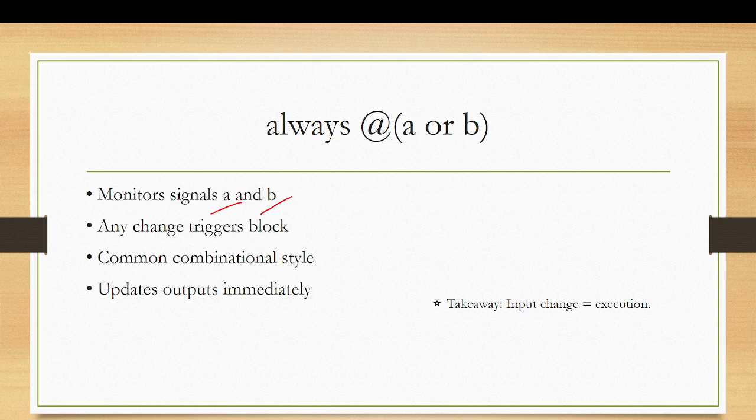If neither changes, nothing happens. Any change in A or B triggers the block. Notice how efficient this is. The hardware only reacts when necessary. This is the essence of event-driven design. Input changes, execution takes place.